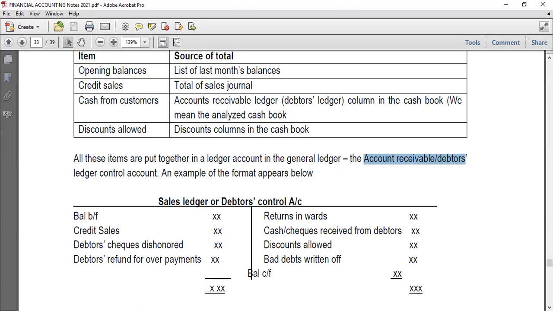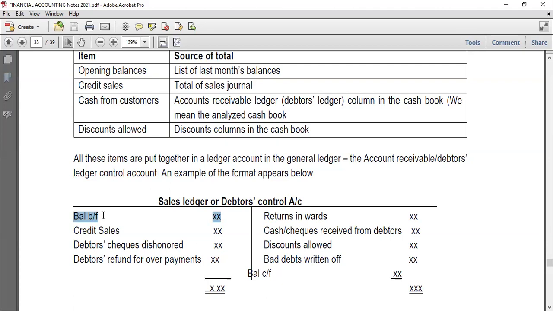So in the sales ledger or debtors control account, just like the way we have debtors having a normal debit balance, you know, debtors are assets, and assets have a normal debit balance. In the same way, in your sales ledger or debtors control account, you should have a balance brought down on the debit side, because of the nature of the account.